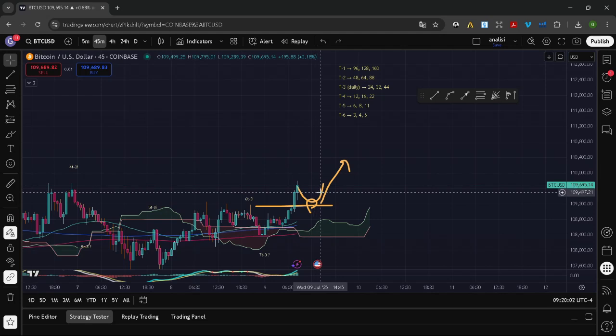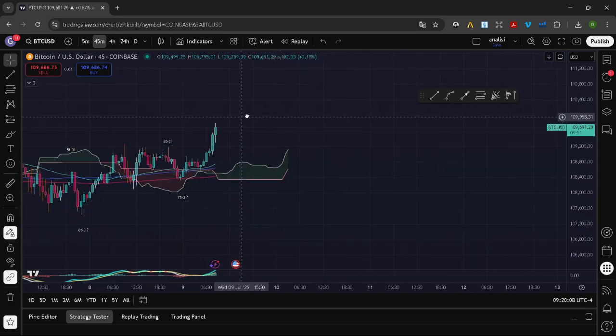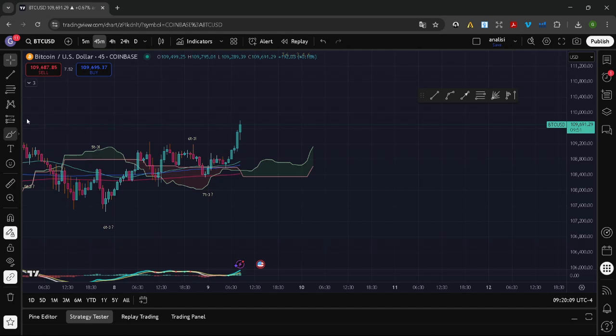Okay, this is for example a strategy. And also we can expect, after updating the long position, a return to short.